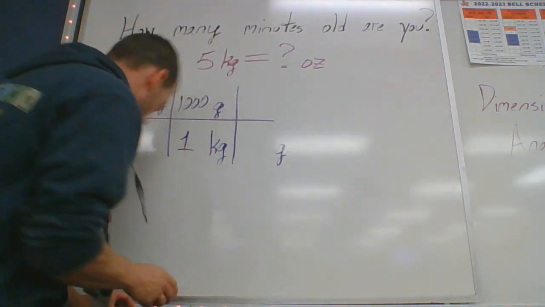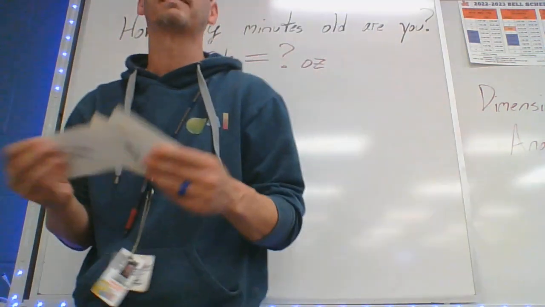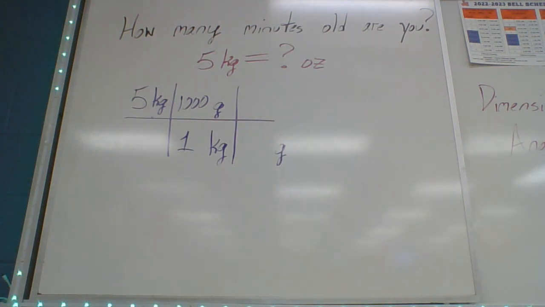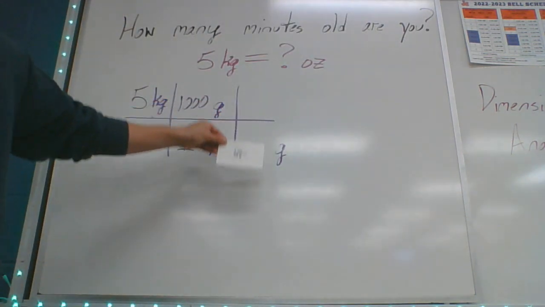So now I'm going to go back and look at my cards. Man, I hope there's one that's got grams on the bottom. And then eventually, boom, you're going to find one with grams on the bottom. Do you see it? All right. And so what I'll do is I'll just keep my fingers crossed that maybe this is the last one. I look at what it says.